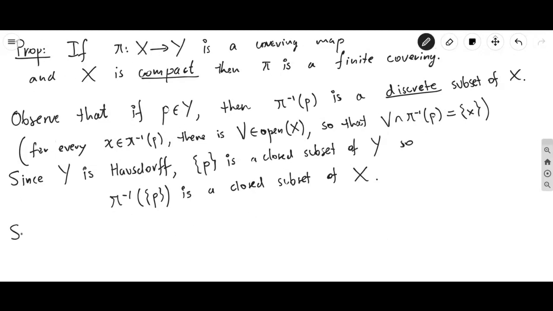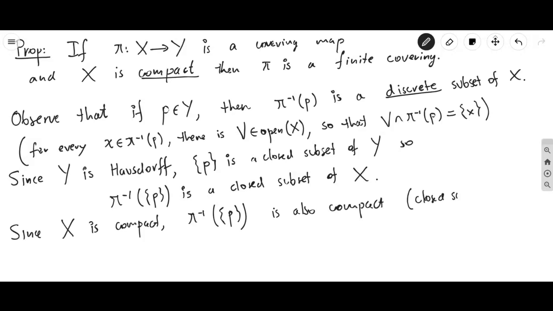Now, since x is compact, pi inverse of this is also compact. Right? It's a closed subset of a compact space.